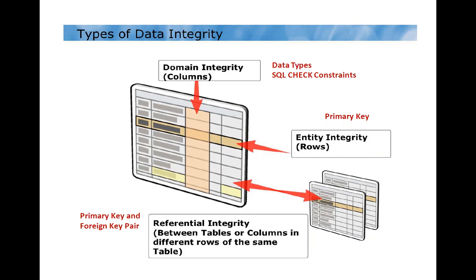And keep in mind, we're just talking about the data, right? Because we're talking about the data stored in attributes or stored in columns. In the industry, when the database is implemented, we understand this data integrity is related to business rules.